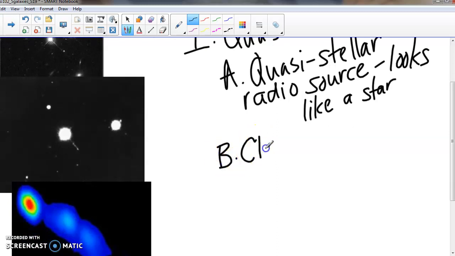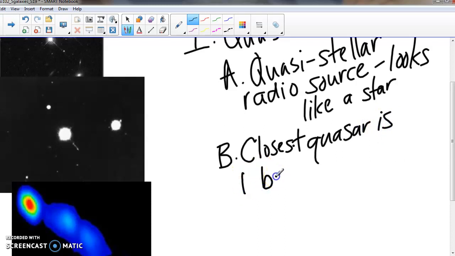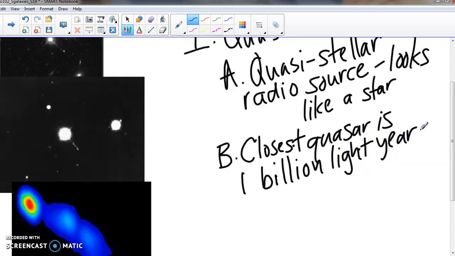We realized that the closest quasar was a whopping 1 billion light years away. So this probably is not a star, because if it is so far away but yet bright and looks like a star, it must be much, much brighter than a star. We don't see stars that are a billion light years away.